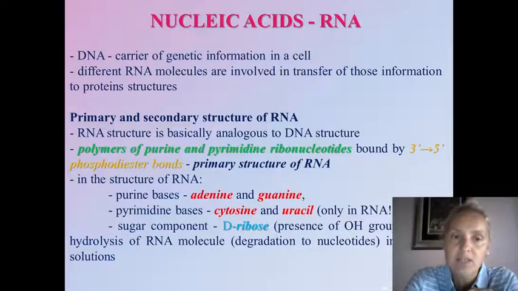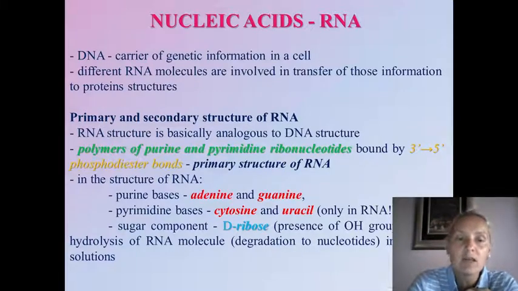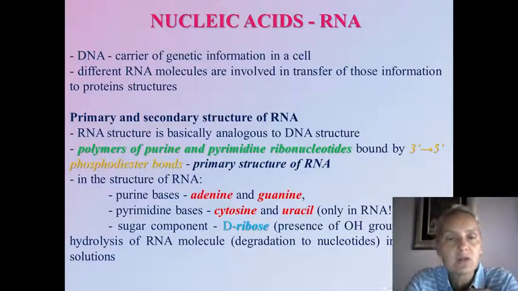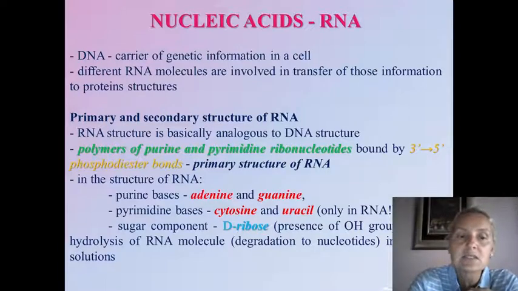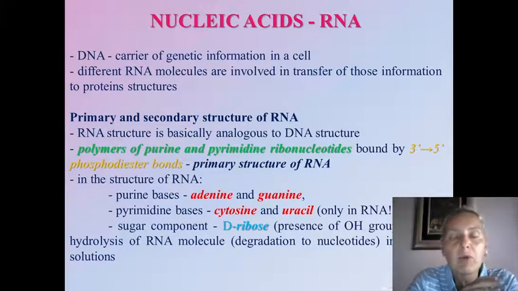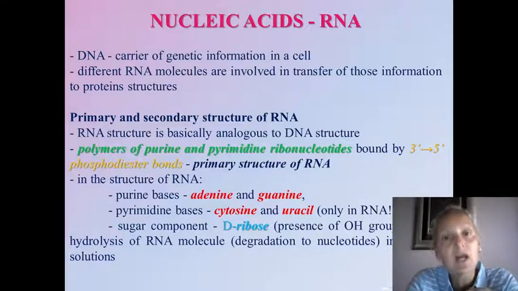So let's discuss a little bit about the primary and secondary structure of RNA molecules. Basically speaking, RNA structure is analogous to DNA structure. We said that the DNA molecule is a polymer of purine and pyrimidine nucleotides, and we can say the same for RNA molecules, but this time they are polymers of purine and pyrimidine ribonucleotides.